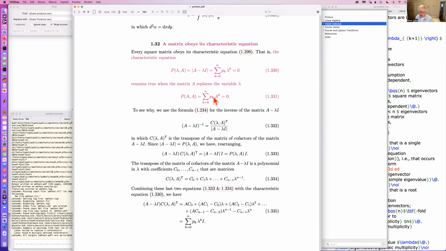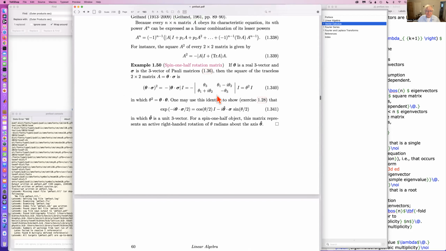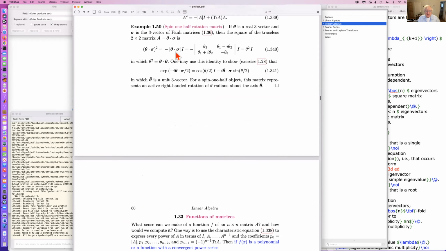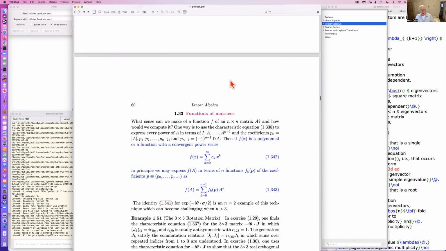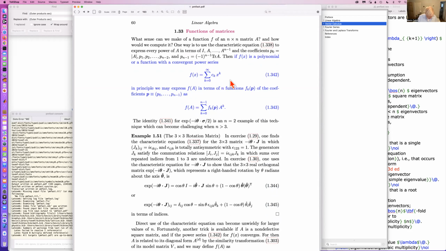So it's quite a remarkable result. Here's some nice stuff about spin 1/2 matrices that you should learn, especially while you're studying spin 1/2 in the quantum course.